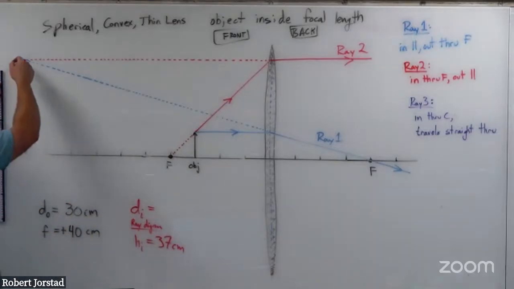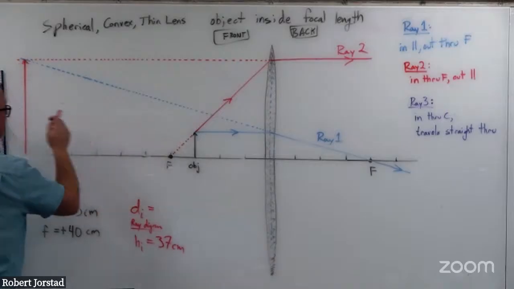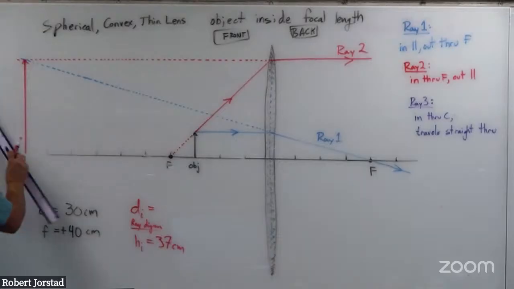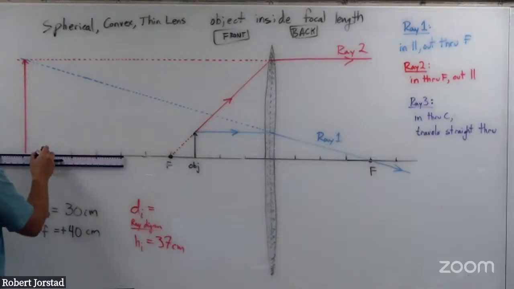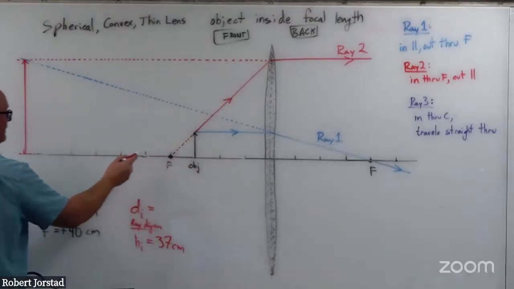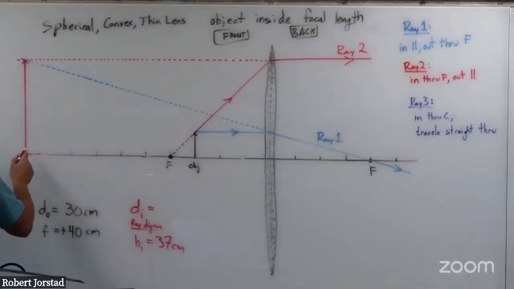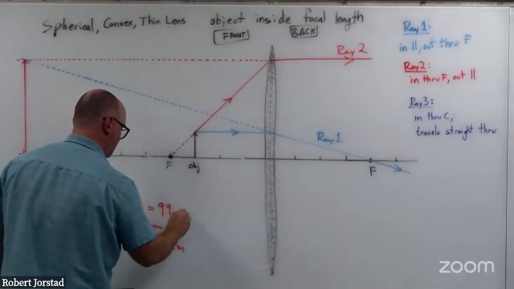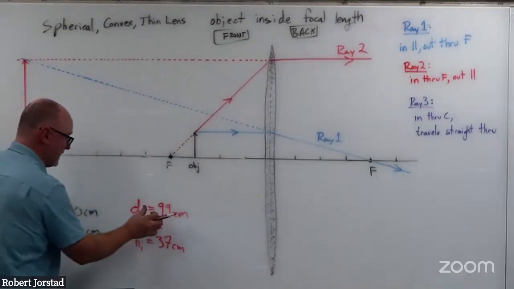Positive. It's upright. It's on the same side of the optic axis. And that looks like it's 10, 20, 30, 40, 50, 60, 70, 80, 90. Ooh, let's just say 99. Positive or negative? It is negative.